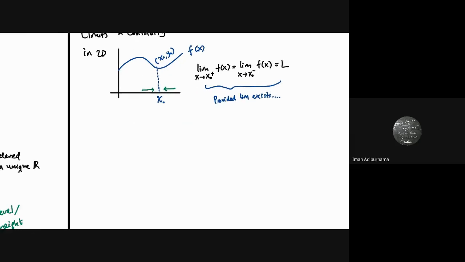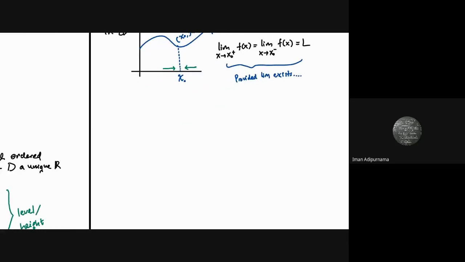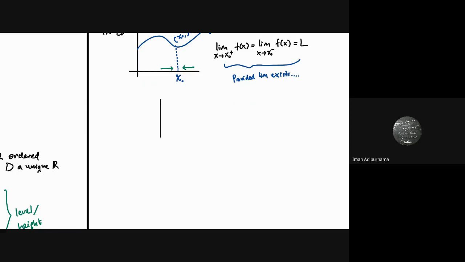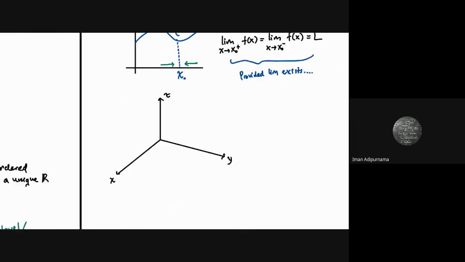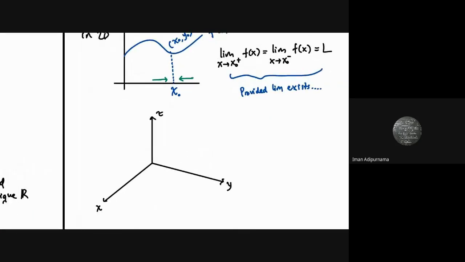Okay, now if we are going to look at 3 dimensions, in 2 dimensions we have just x, right? Because we are only observing functions of x.